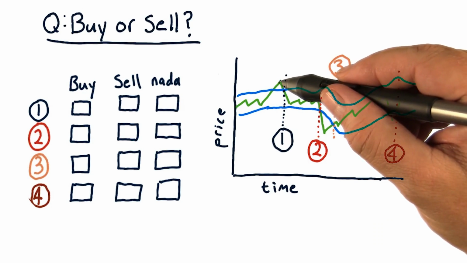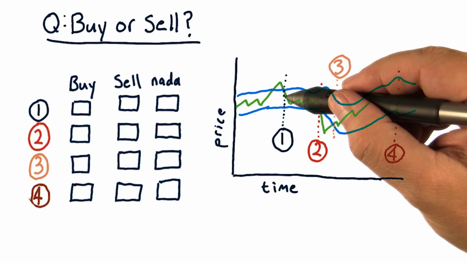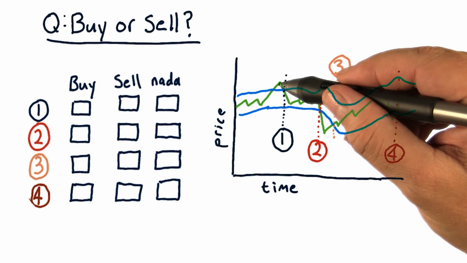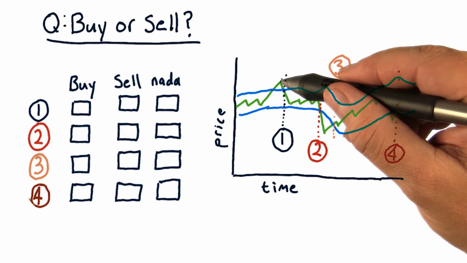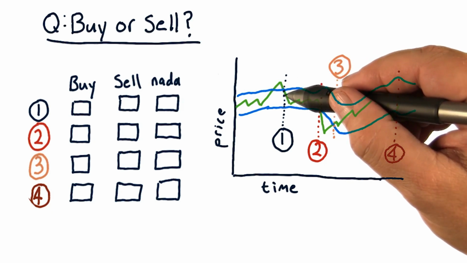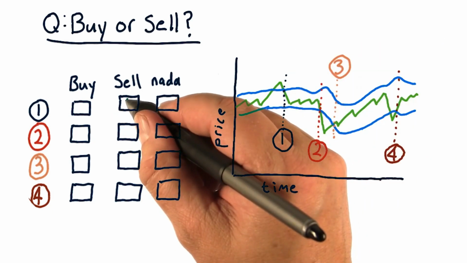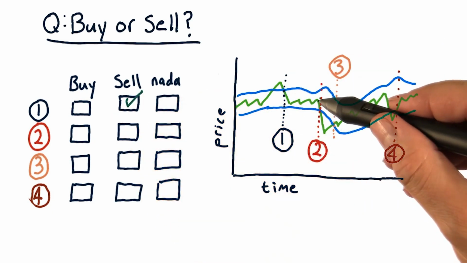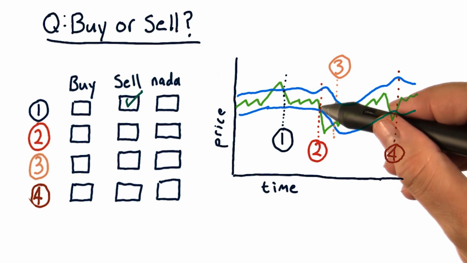So we went from outside the upper band and crossed down inside it. That is a sell signal because we've gone very far from the moving average, and we've validated now that we're moving back towards the moving average. So that's a sell. Here, we've gone from inside to outside, and that is never a signal.